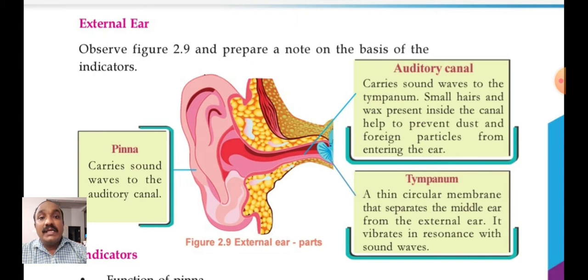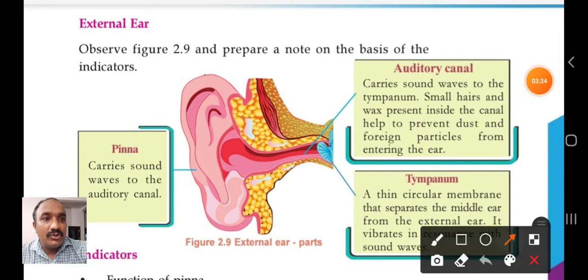Then there are two ways to protect the ear from small organisms and germs that you have to note. The auditory canal contains two parts to protect the ear. The first is small hairs and wax. These are the two things that can be seen for the protection of what? Ear.